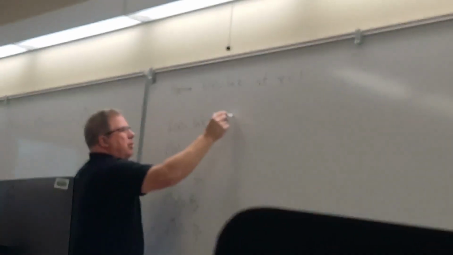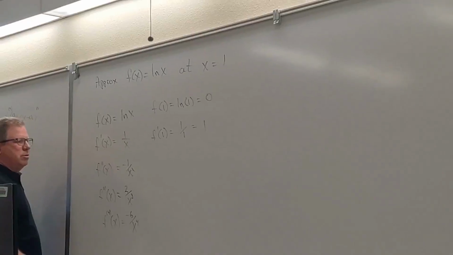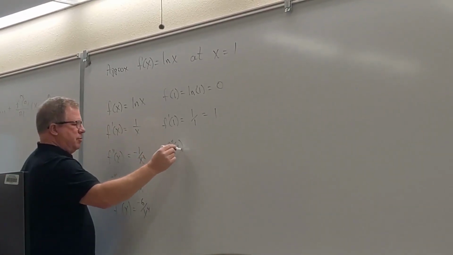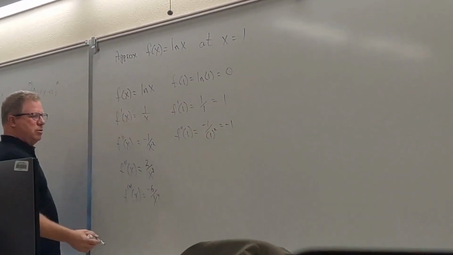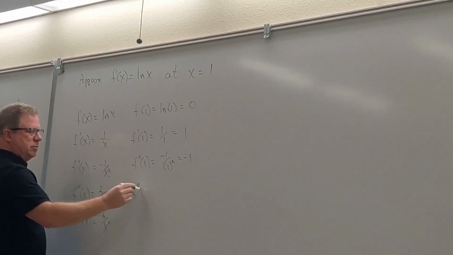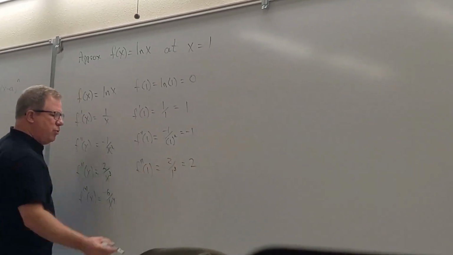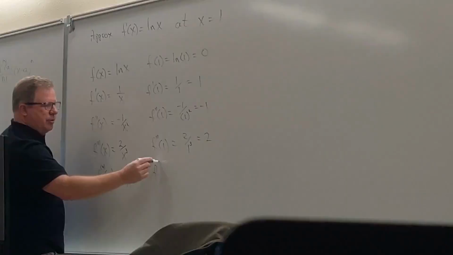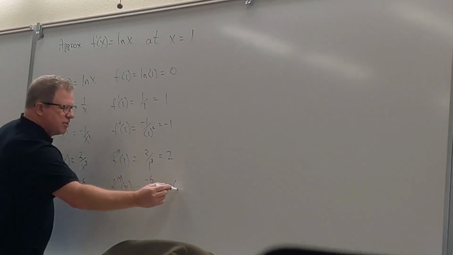So f of 1 equals ln of 1, which is 0. And the fourth derivative is negative 6 over 1 to the 4th, which is negative 6.